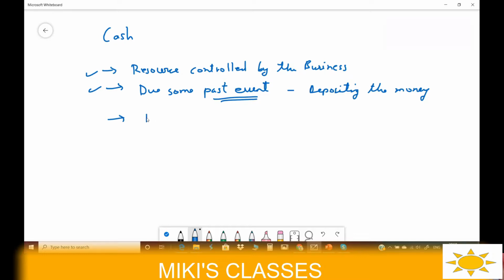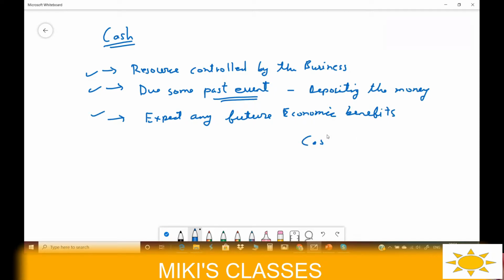It should be, do you expect any future economic benefits? The business has cash. So from cash, does the business expect any future economic benefits? It sure does, right?